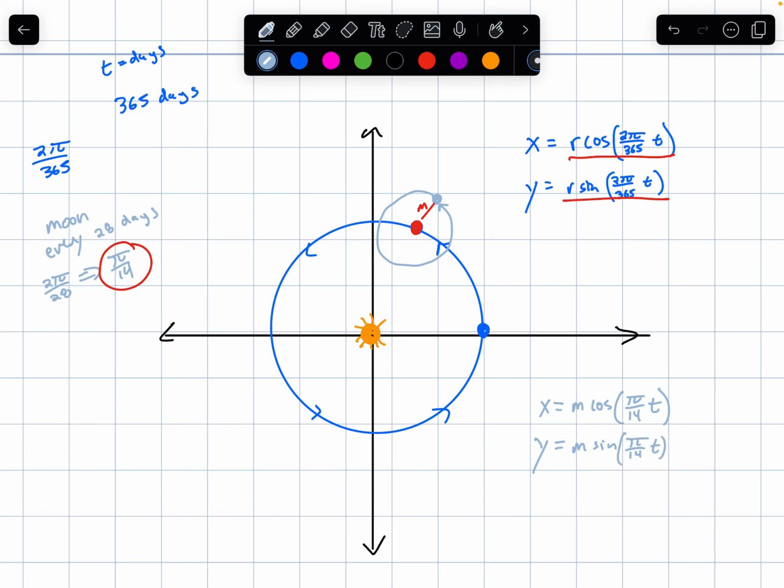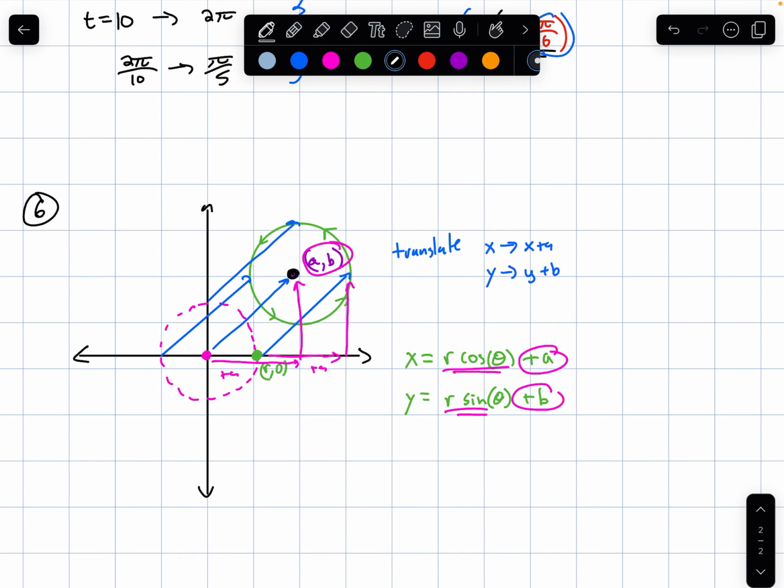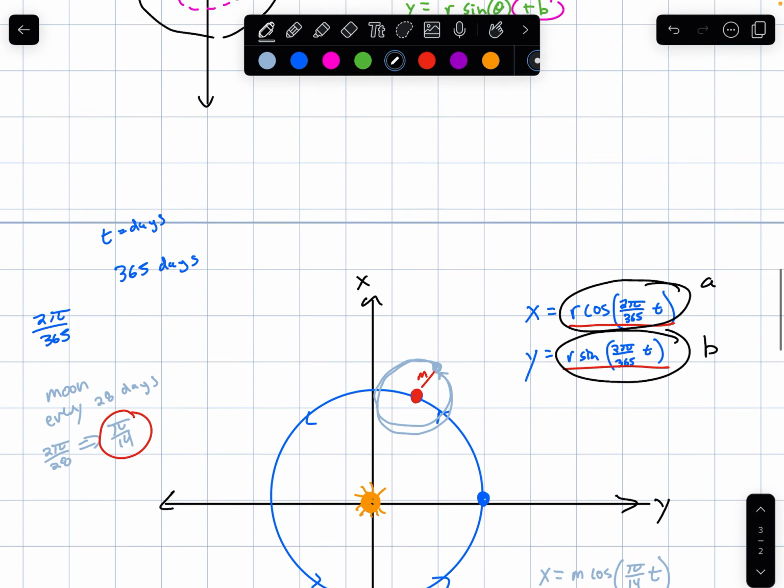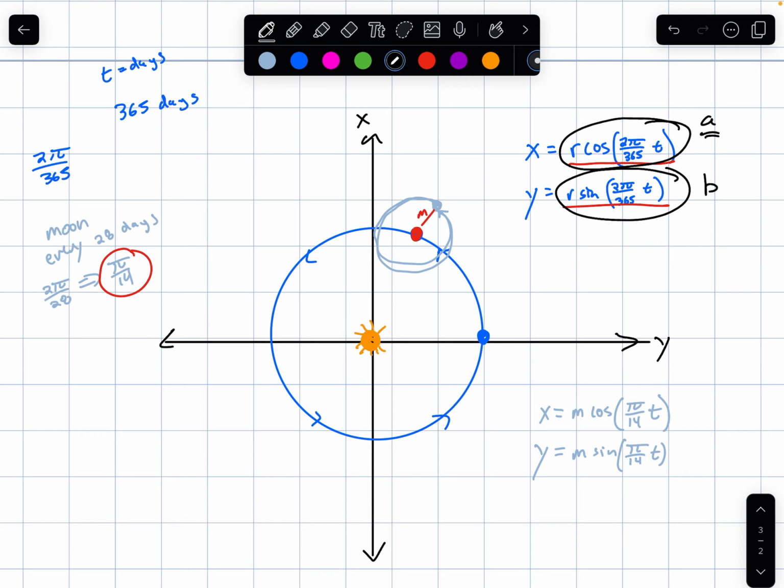This by itself models the rotation around a fixed body, but since we're in this xy plane and the Earth itself is already moving round and round, we're just going to add wherever the Earth is. This is basically like our a and our b from here, but our a and our b are just consistently changing. But that's okay, we can let things change because it'll always be in the correct spot at time t.